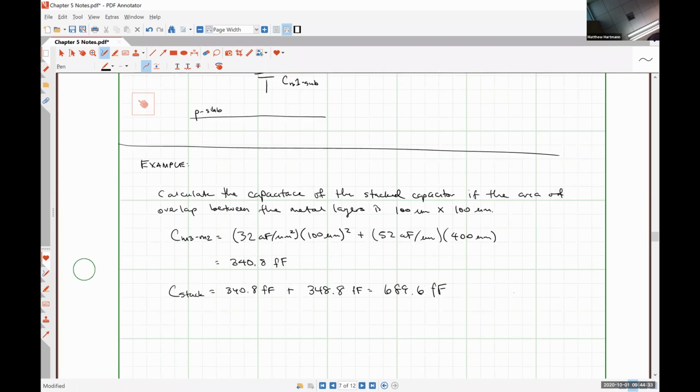And so now our parasitic capacitance, CM1 to substrate divided by our stack capacitance, is only 43.56%. So still significantly appreciable, but much less than it was previously.